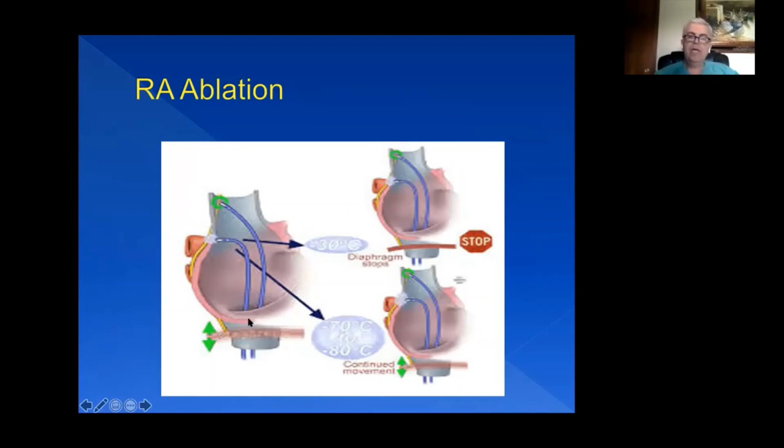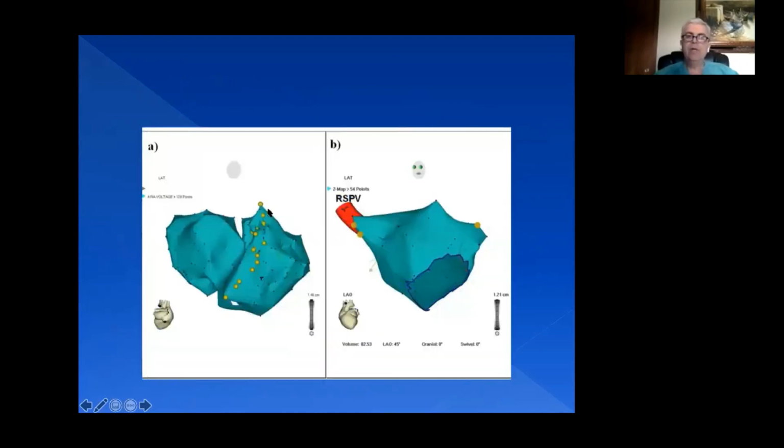If we are burning and we feel that contraction is weakening, we stop right away. And it's helpful to basically delineate the area wherever we can stimulate the phrenic nerve so we can stay away from them when we do ablation.